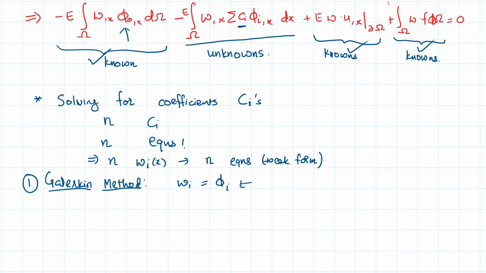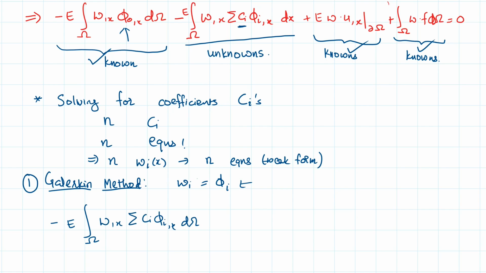To see that, let's consider the term which is unknown in our weak form, which is negative e times the integration over the domain of w(x) and the summation of ci phi(x) d omega.